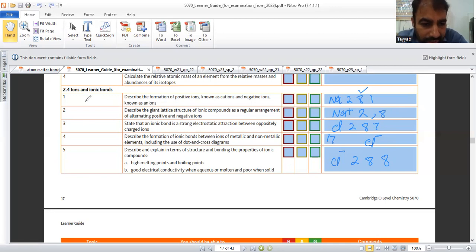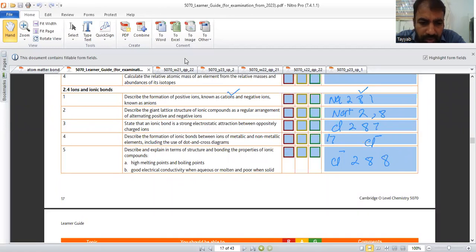So in ionic bonding, we describe the formation of positive ions known as cations and negative ions known as anions. Relevant to this, I would like to show you the specimen paper.